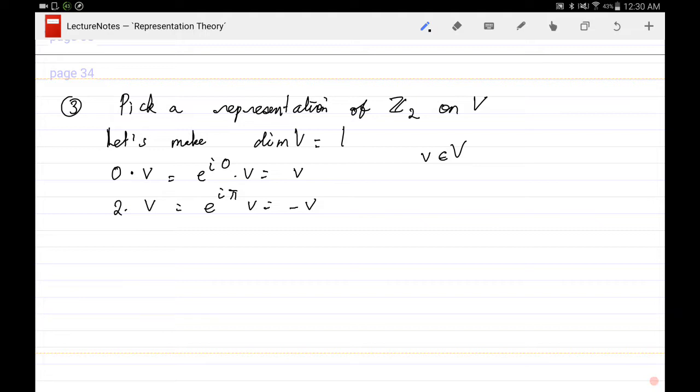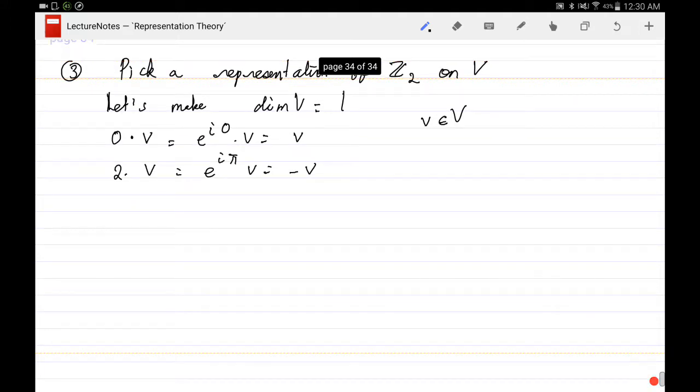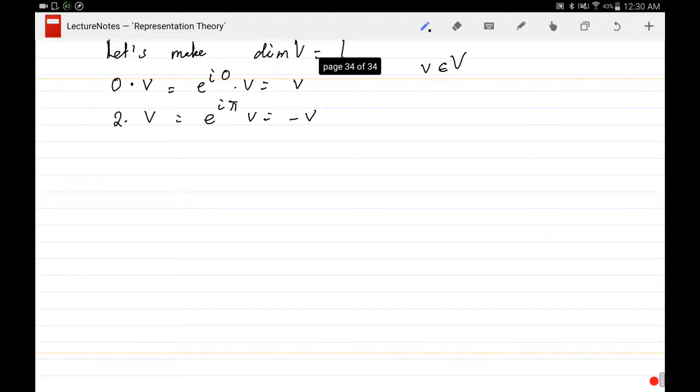So we have a group, we have a subgroup. The subgroup gives us cosets. From the cosets we pick coset representatives, and then we pick a representation of the subgroup on a vector space. And I've picked a one-dimensional vector space.